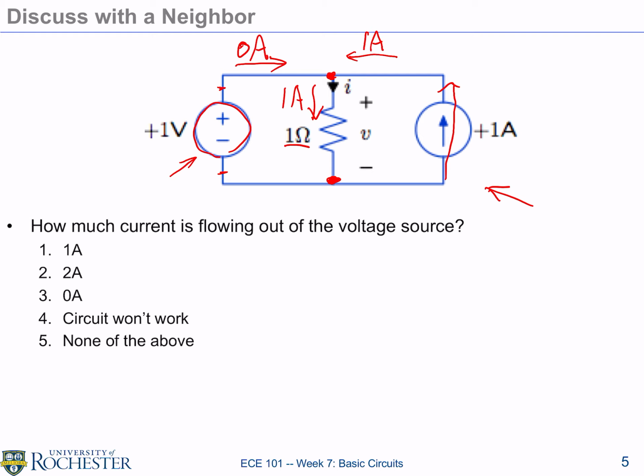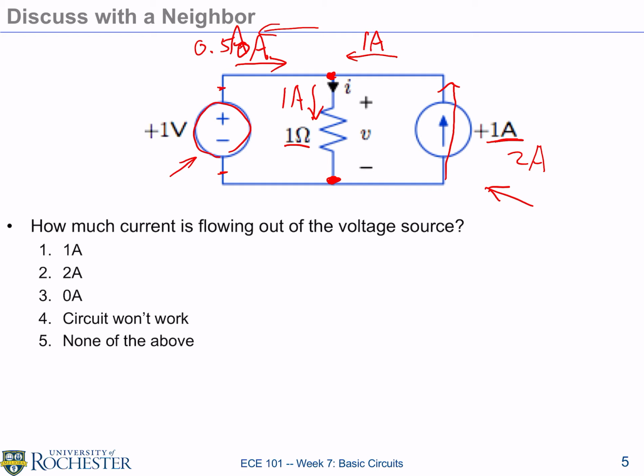And if we reduce this, let's say to half an amp, then we will get 0.5 amp of current coming from the voltage source. Okay? It depends on the circumstance. If we conversely change this to 2 amp, then 1 amp is going to keep on flowing in that way, and we're in fact charging the voltage source.